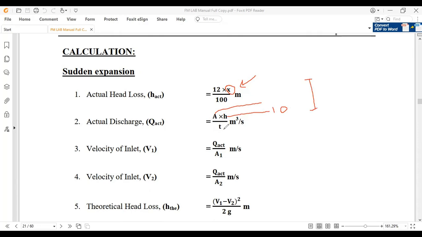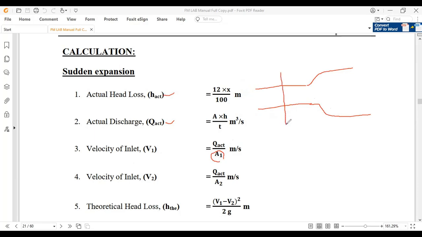Once you know the H actual and Q actual, next you have to find the velocity of inlet and the velocity of outlet, V1 and V2. See, this is sudden expansion. A1 is the area at the entry section, section 1, and A2 is the area at the exit section, section 2.